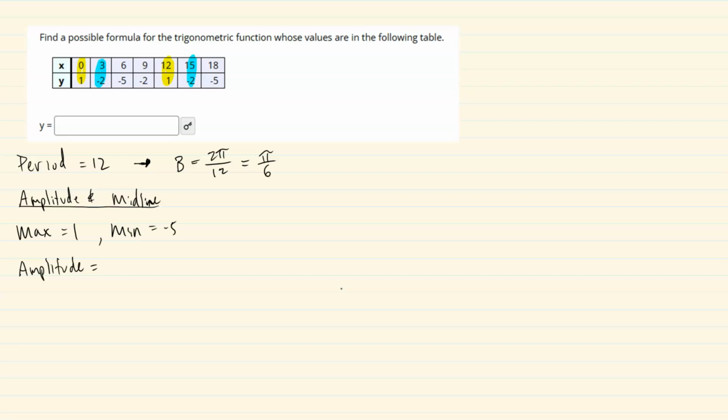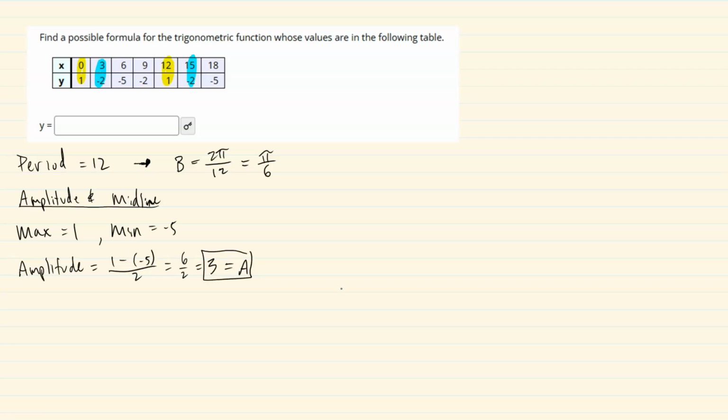So we could do 1 minus negative 5, over 2, and that would give us 6 over 2, which is 3. So that's the distance from the center to the top or bottom. That is our a value in our function here.